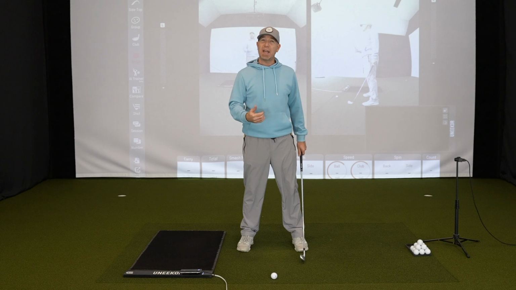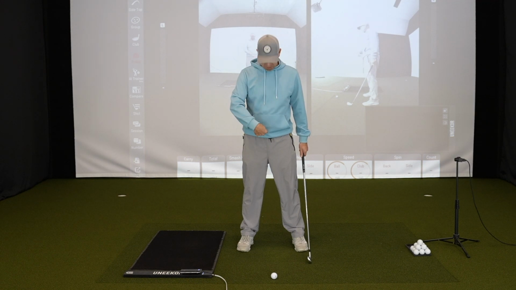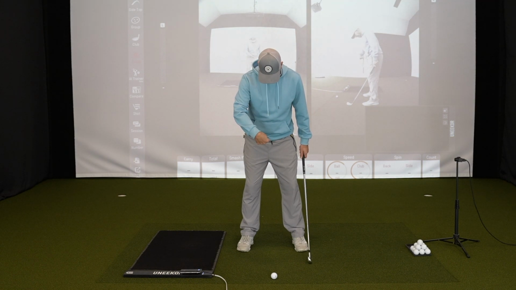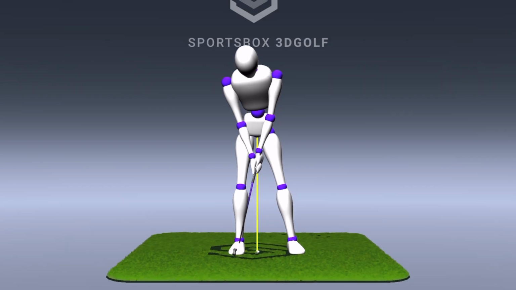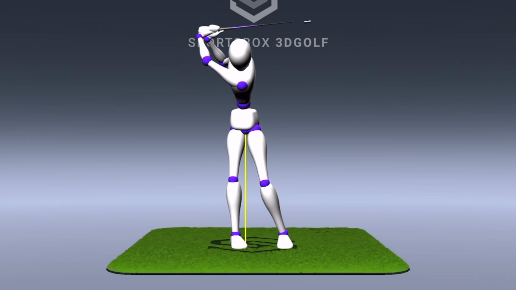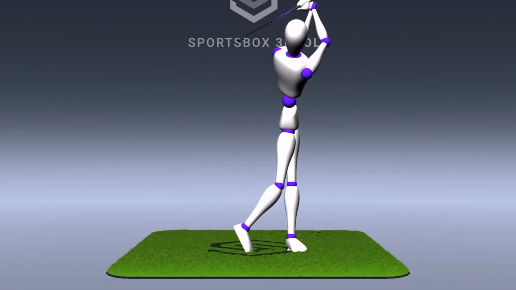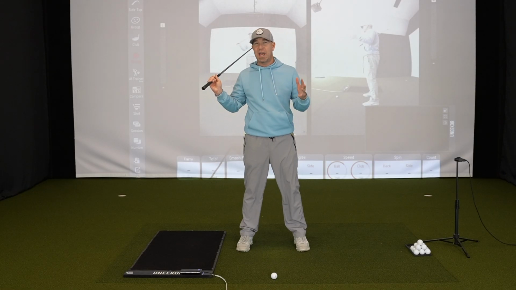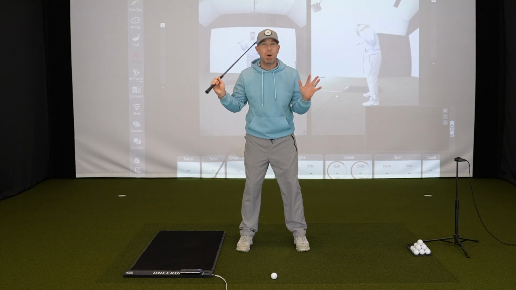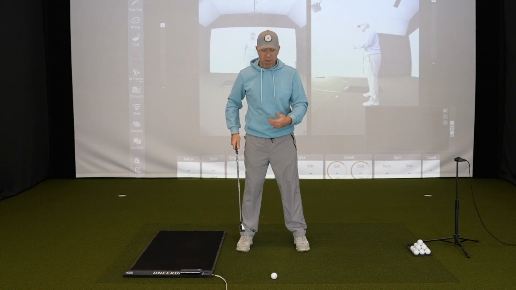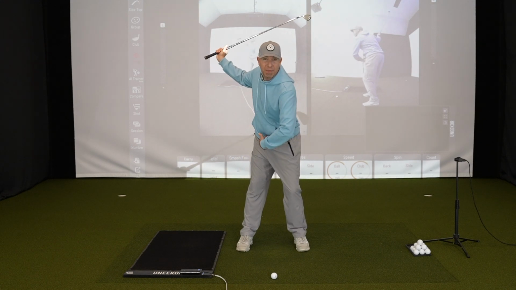So we have to look at everything from the point of view of the center of pelvis. So if I have a dot on the center of pelvis right here, I do not want that dot as the club gets to the top of my swing to drift more than say an inch, inch and a half, 2 inches at most. So this particular player does a good job at that.